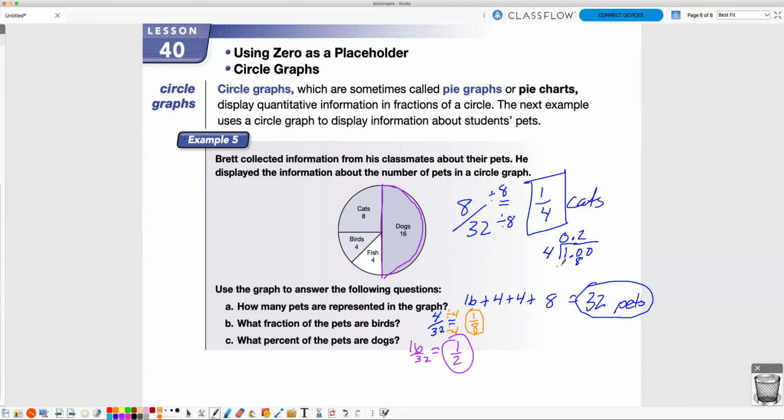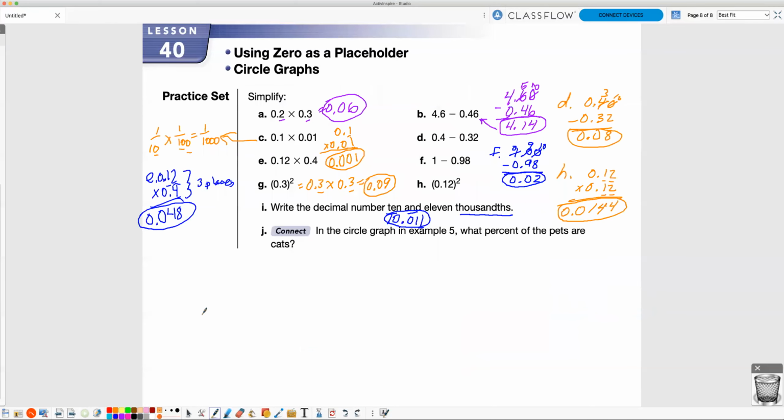This would be 8. This would be 20. 20 divided by 4 would be 5. This is the same as 25%. 25 hundredths is the same as 25%. So 1/4 is the same as 25 hundredths, which is also the same. It's asking in percentage, 25%.